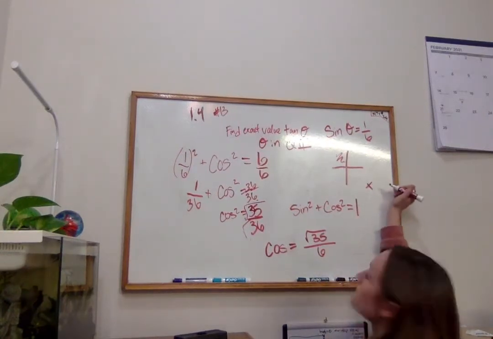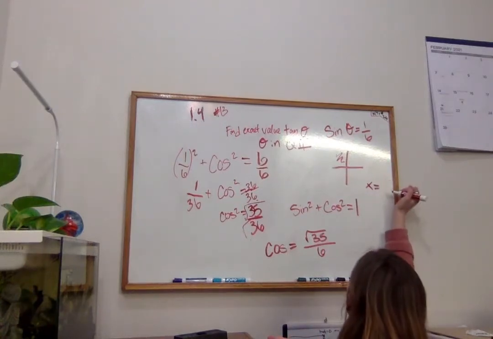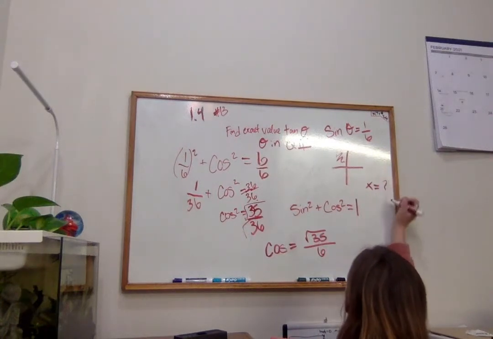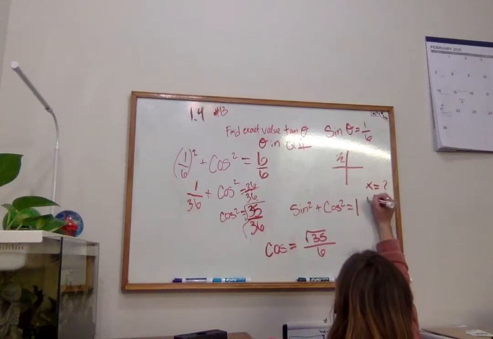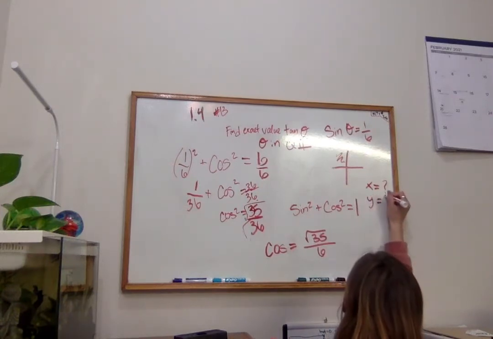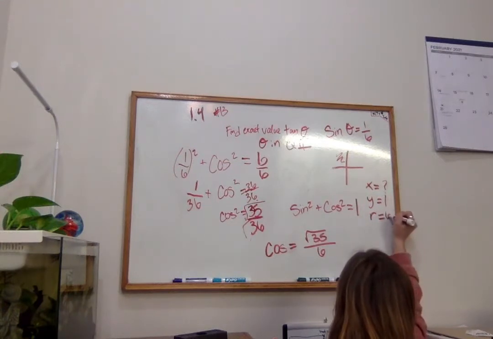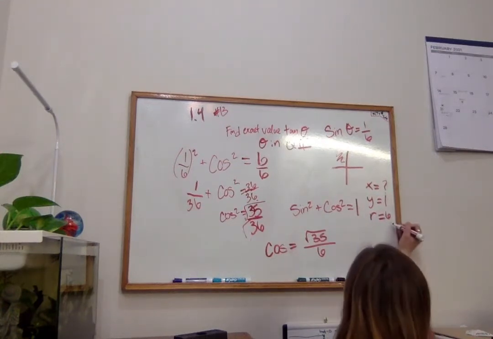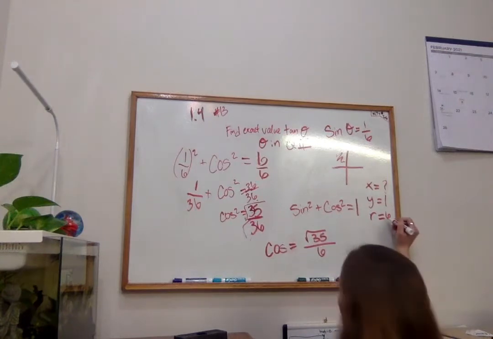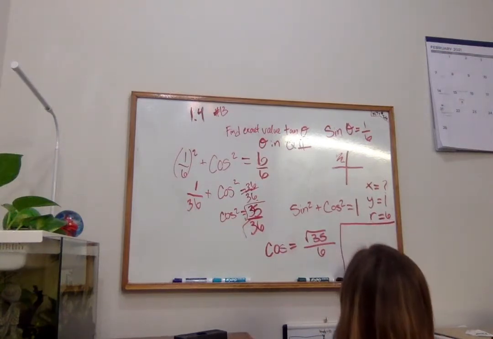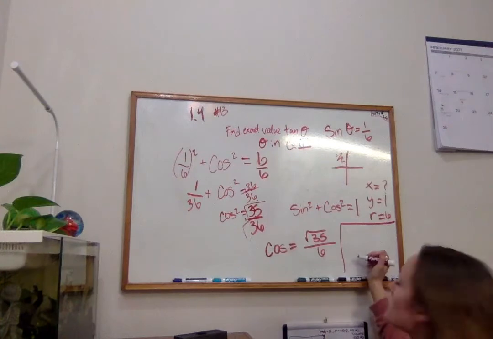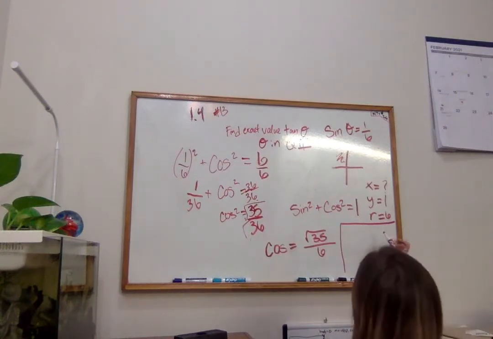Initially, what I had written, x was a question mark and y was 1 and r was 6. And then I'm putting that word back up here. Okay. I hope you can hear me.